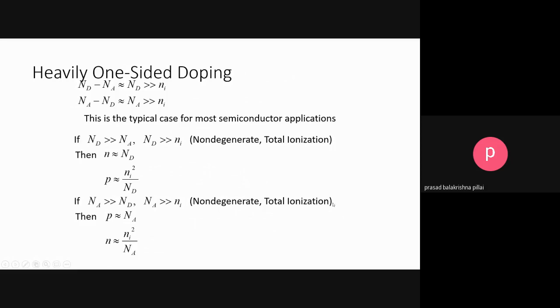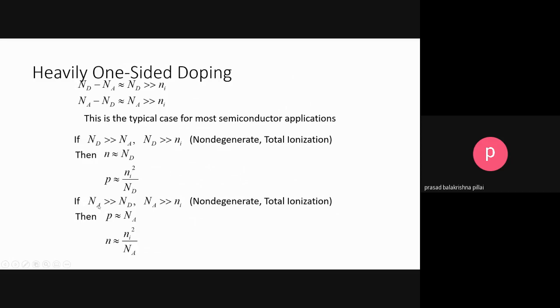This is a very safe assumption that at room temperature the impurities, whether n-type or p-type, are all ionized. So we can say that p is given by this, n is given by this for the n-type. For n-type, the electron concentration is approximately equal to the donor impurity concentration, and the hole concentration will be approximately equal to ni squared by Nd.